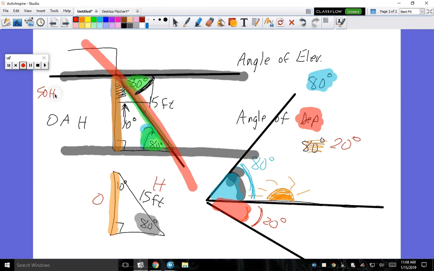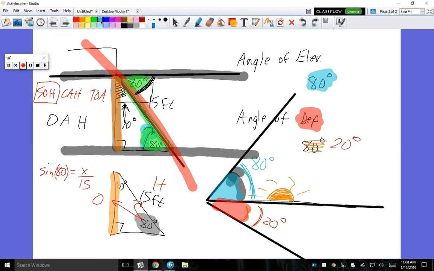So from SOHCAHTOA, which one has these two letters that I'm working with? It's going to be sine. O, we don't know, but H we do. So sine of 80 is equal to O, which is unknown, over H of 15. Guys, even in trig, remember how I told you with law of sines and law of cosines, you have 3 of the 4 pieces?